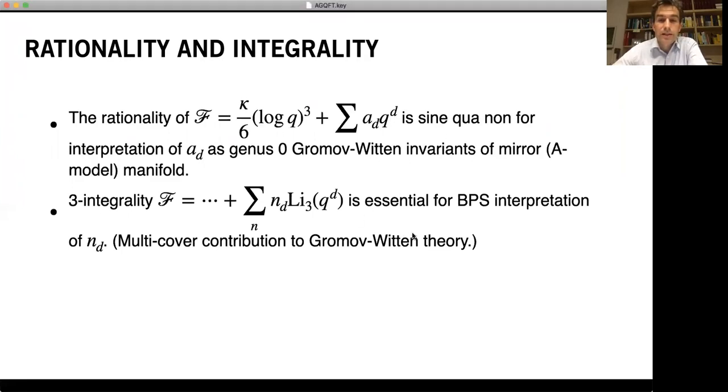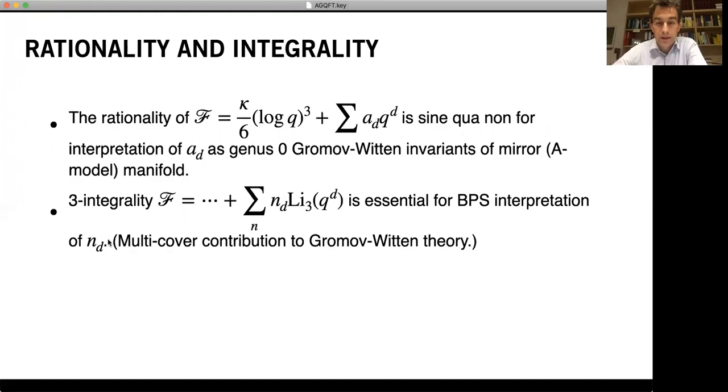The other one is a little bit of a bonus, maybe, because now there are enough integral theories which you can compare with and really be sure that it's also essential for everything to make sense. But the first one is really necessary.